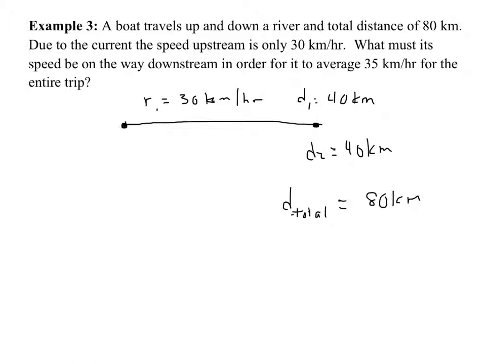Come on, there's something else, guys. Well, you can make your second rate x. Make the second rate x, all right, that works. It's unknown. What else? 120 over t plus second rate over t, all divided by 2, equals 35.